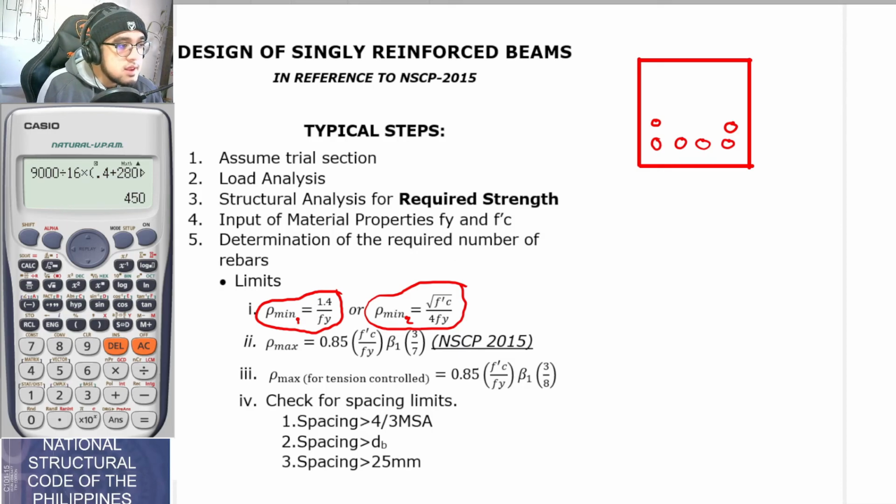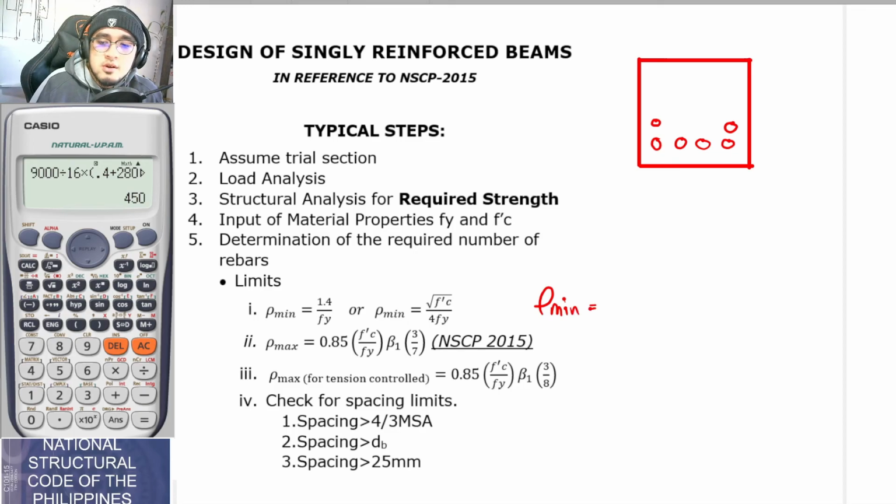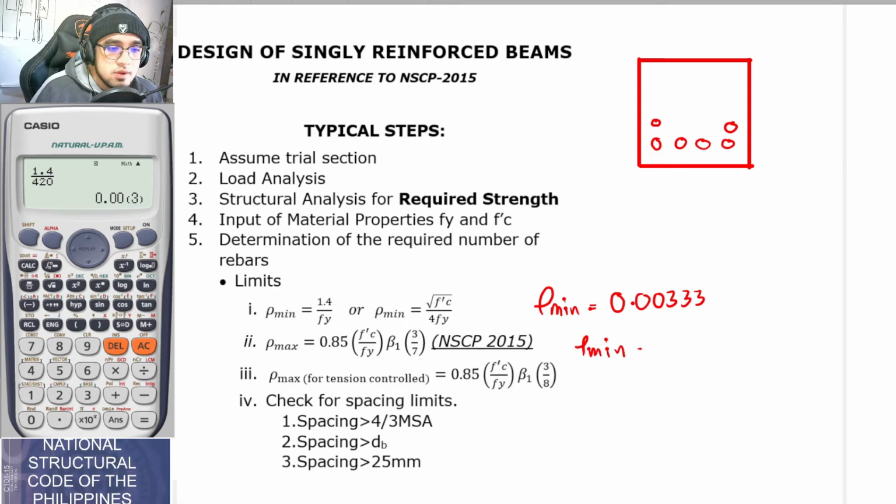And for example that in this case guys, your rho minimum using the first equation, so rho minimum 1 is to be, let's say for example that the strength of the rebars would be 420. So 1.4 divided by 420. So this is to be equal to 0.00333, etc. And for your rho minimum 2, which is to be given by this equation, so that is now to be equal to square root of f prime c, so this is to be 20.